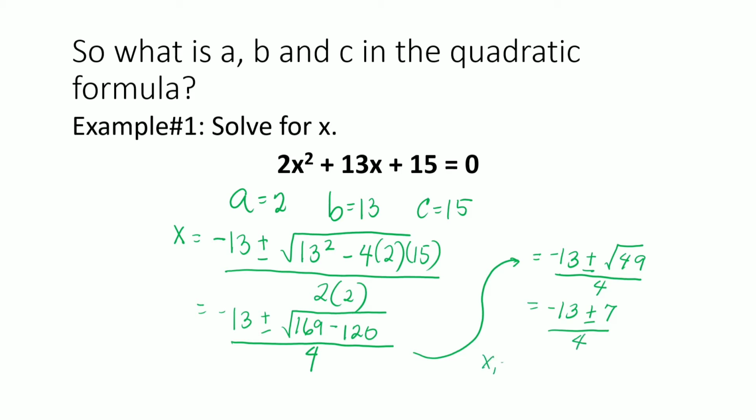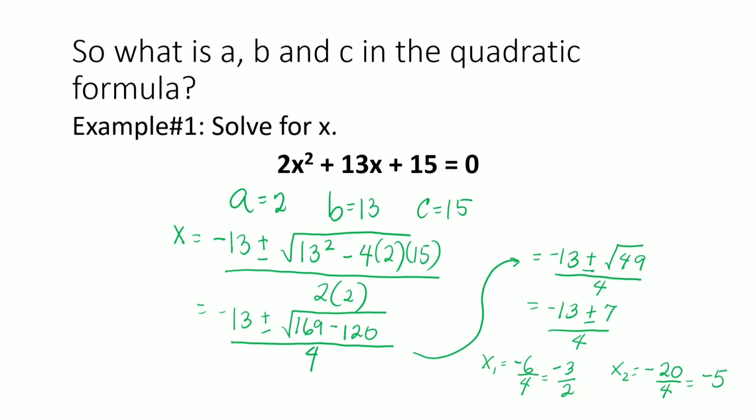The first one is negative 13 plus 7, so that is negative 6 over 4, which is equivalent to negative 3 over 2. The second value of x is negative 13 minus 7, which is negative 20, and then over 4, that is negative 5.